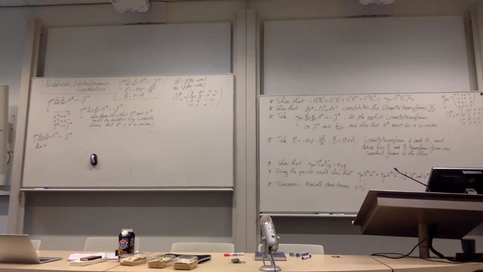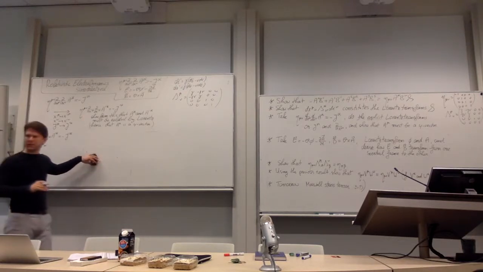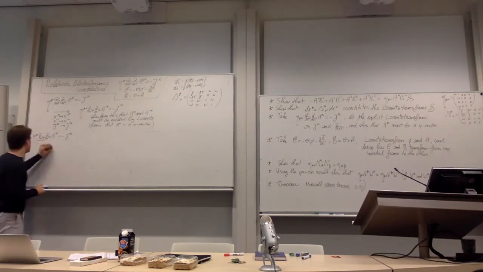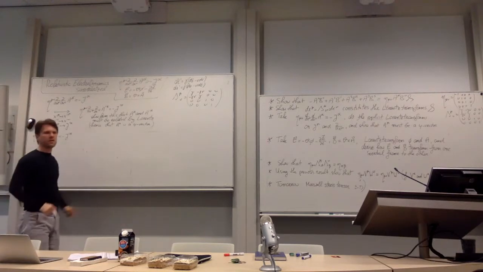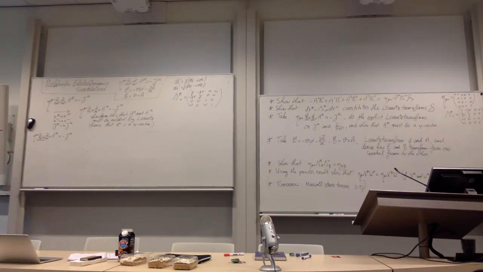You know what? We can just do it with the Lorentz matrix. That was your suggestion. It's not wrong doing it with the Lorentz matrix as such, but let's make life a little bit simpler.